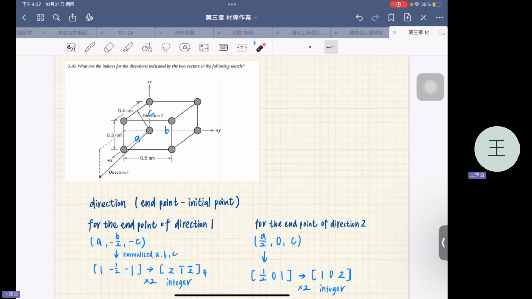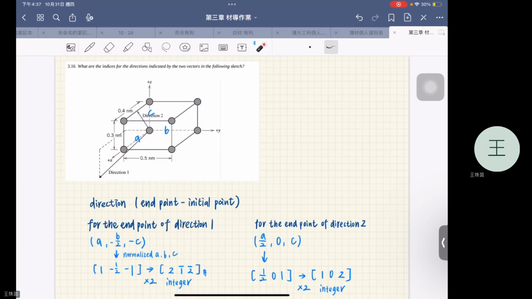And remember, if you want to write it as a Miller index, you need to put the minus sign on top, and it needs to be an integer. So we need to multiply by 2 to eliminate the 1.5. So the final answer will be 2, 3 bar, 2.